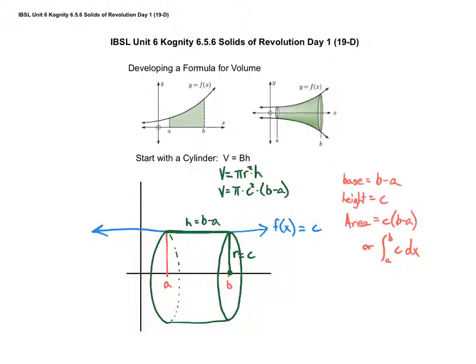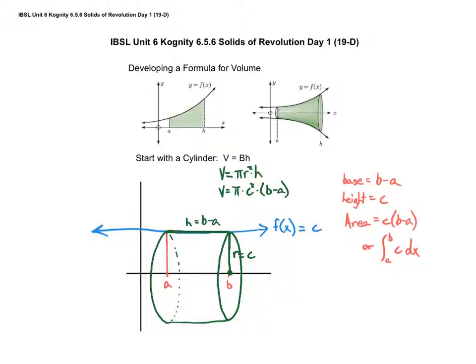So our volume, you notice what we end up doing. We end up taking this function, this radius, and we square it. So it's pi r squared. And then we multiply it by the b minus a.